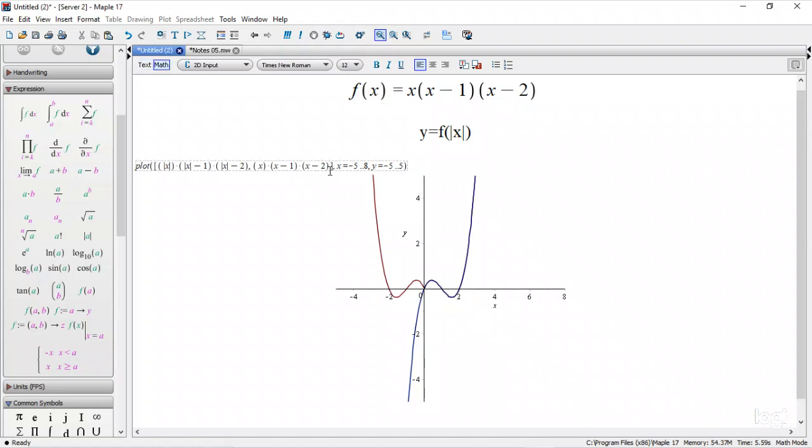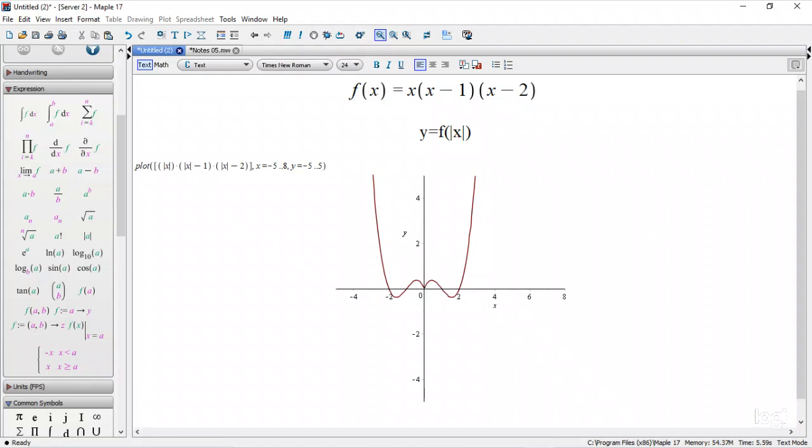Actually, let me delete this part, then it is a bit clearer. Original graph. So this is the f(|x|) graph, the actual graph.